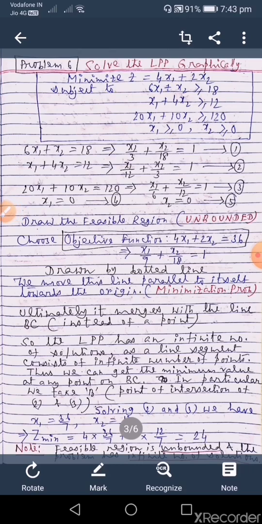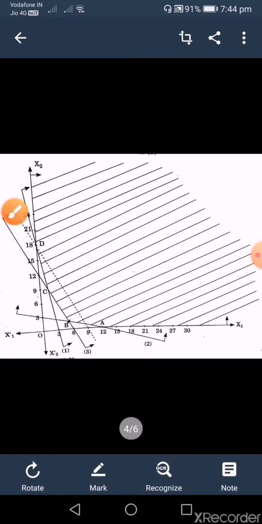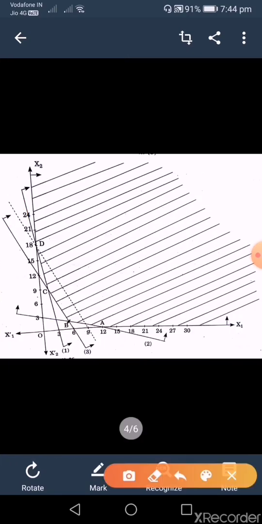So let us see one by one. (30, 0), (0, 18) and away from origin. Here you see this is (30, 0), this is (0, 18) and away from origin.